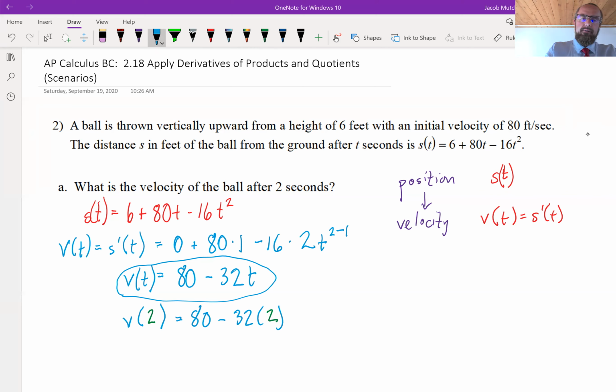That's 80 minus 64, and that's going to give us a velocity of 16. And we can put our units here. I notice the initial velocity from the question is in feet per second, so we'll stick with feet per second, 16 feet per second.